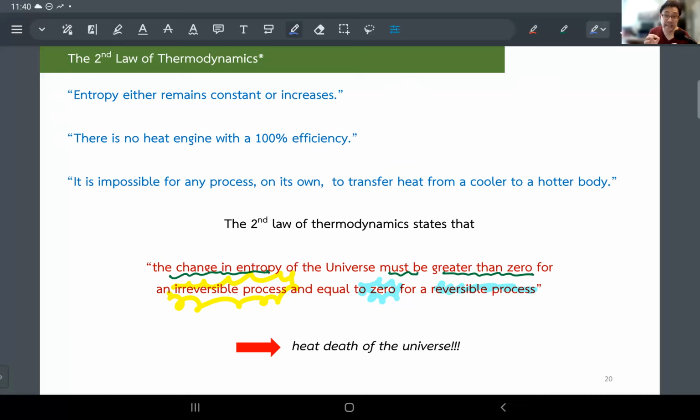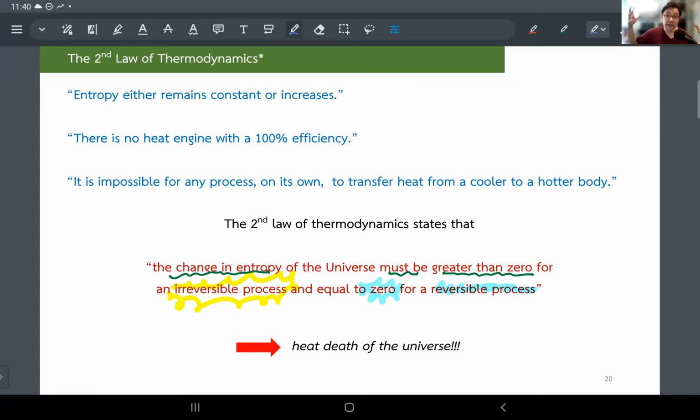Okay, so the best thing that you can do in this universe is keep entropy unchanged. That's the best you can do. You cannot reverse things. You cannot reduce your entropy. Even though in some particular scenario the entropy change of a system might be negative, it's possible, but don't forget you have to take into account the whole universe.